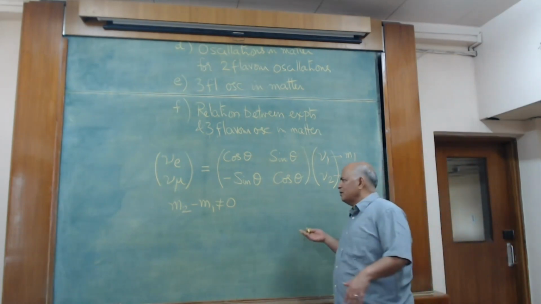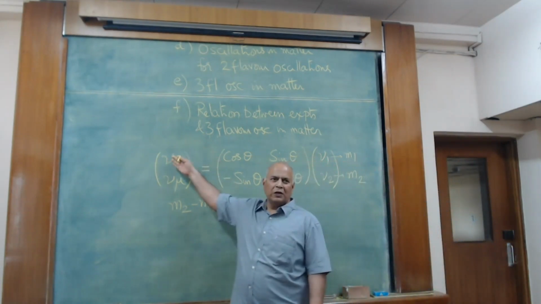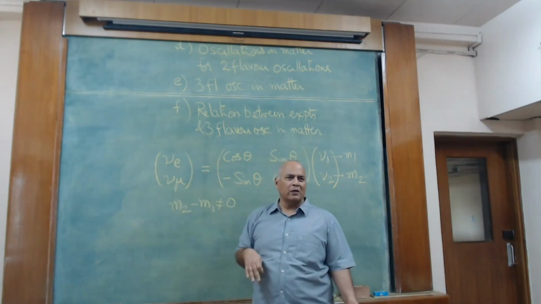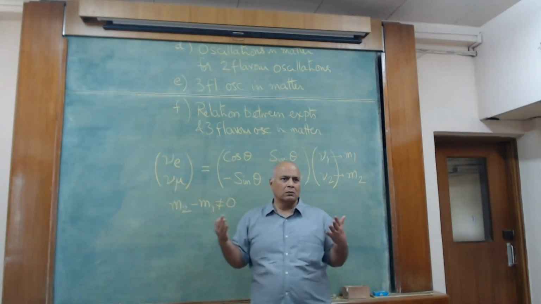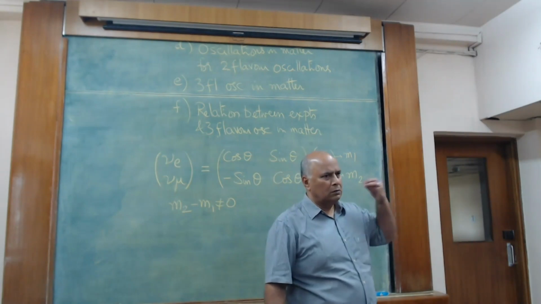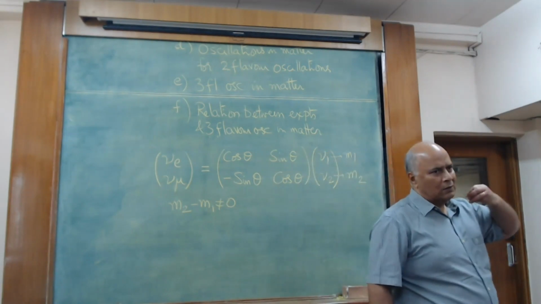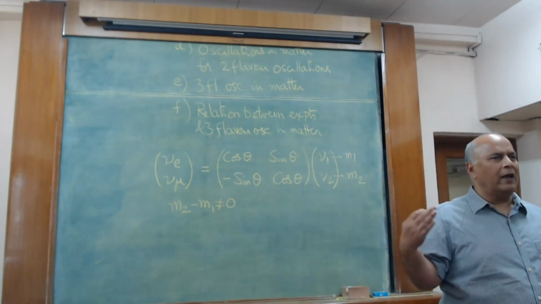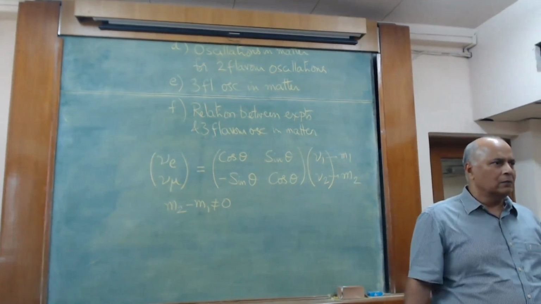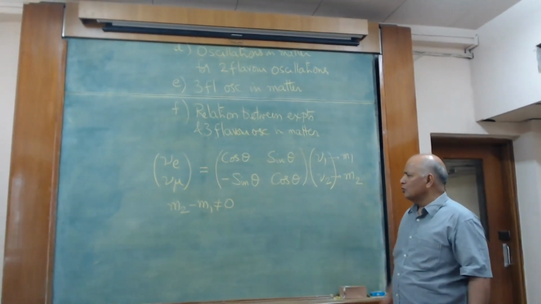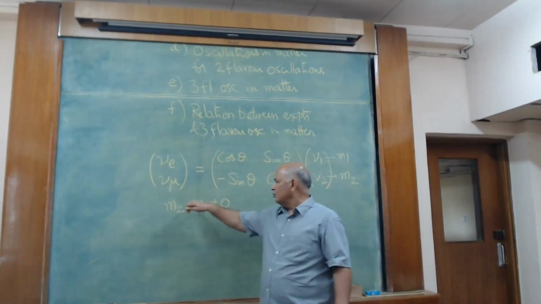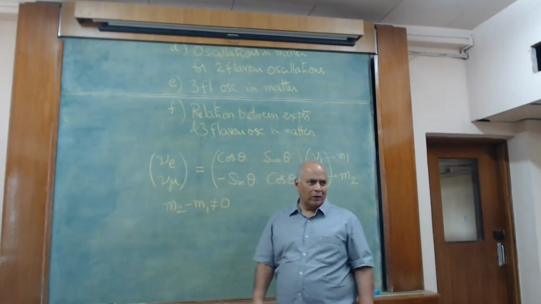So it is just saying, okay, nu e has mass m, nu mu has mass m. Then the label mass is not distinguishing any state if both masses are the same. So we have to assume m2 is not equal to m1.